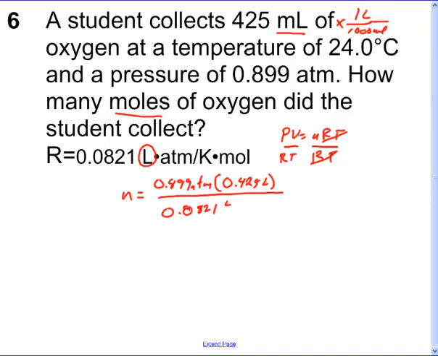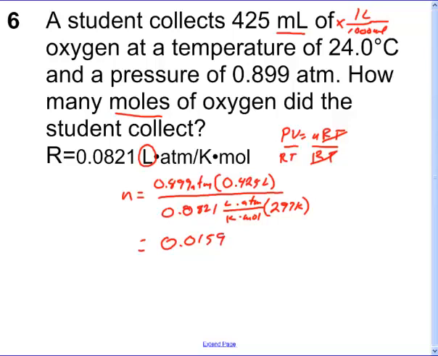I'm going to write out this unit, liter·atm over Kelvin·moles, and that is times my temperature, which is not 24 degrees Celsius, but 297 K.